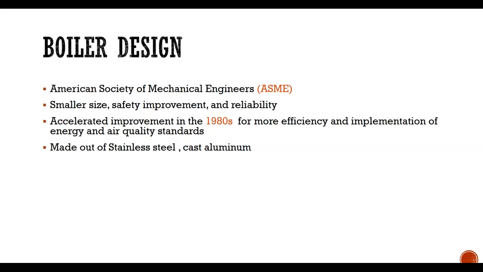So we're more aware about the smog and the pollutants and what we are burning to make heat. So there was a lot of improvement on the efficiency of boilers. If you have a boiler that was installed in the 80s, probably it's more efficient than one that's been there since the 50s or 60s. And chances are that they are still installed and still running in a lot of houses.